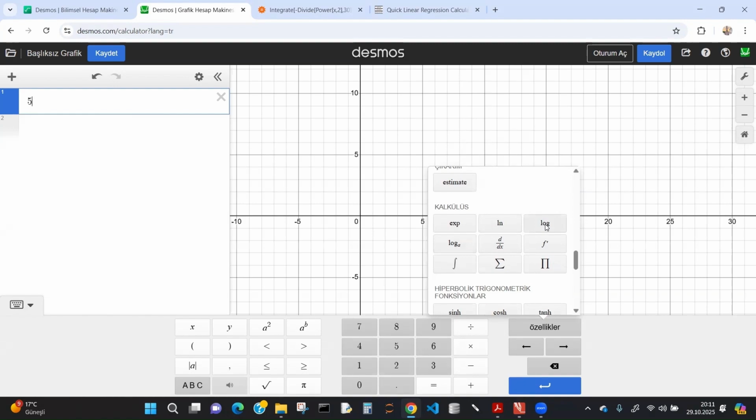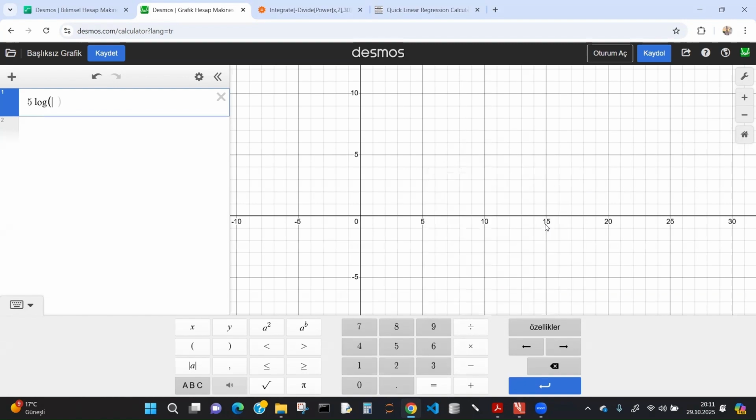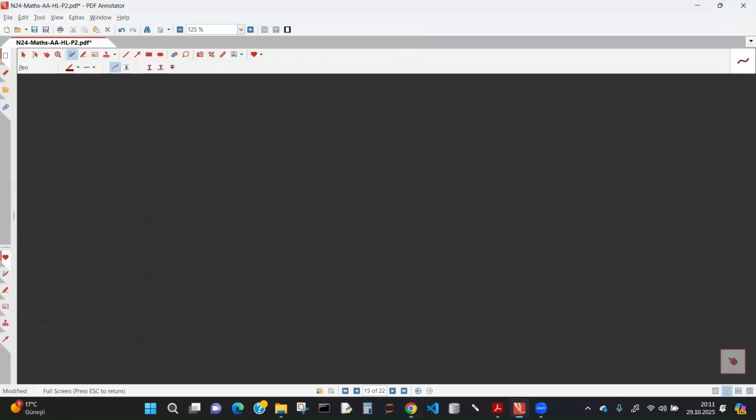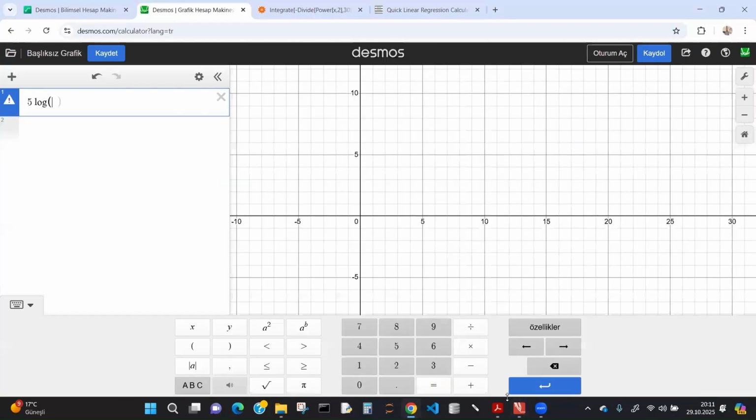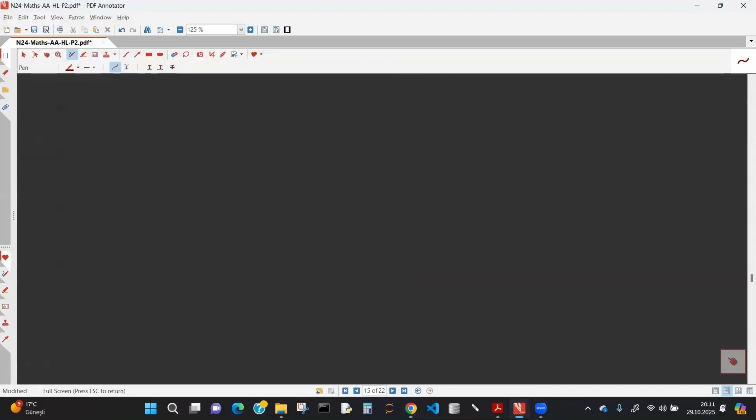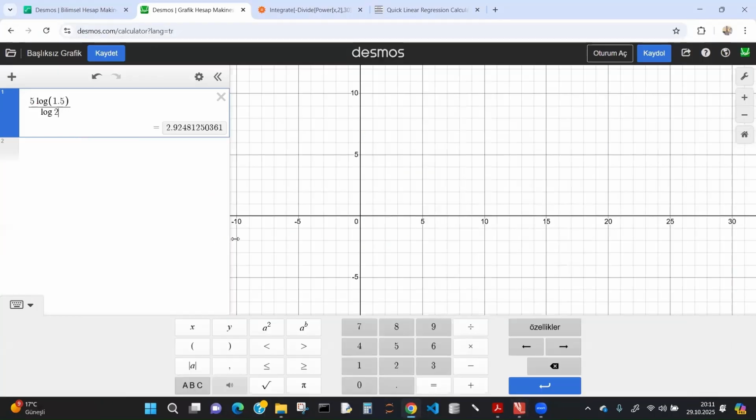So I will show you how to write it. It's going to be log 1.5 divided by log 2. It's the same. And to the power of n actually.